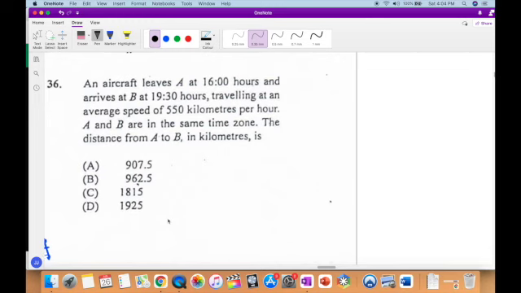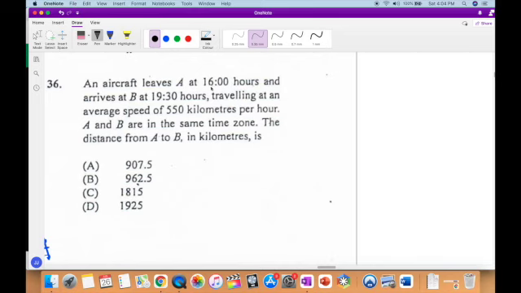An aircraft leaves A at 1600 hours and arrives at B at 1930 hours, traveling at an average speed of 550 kilometers per hour. A and B are in the same time zone. The distance from A to B in kilometers is.